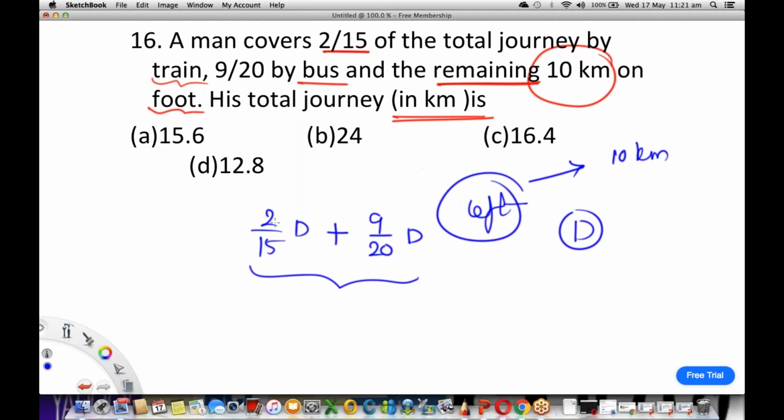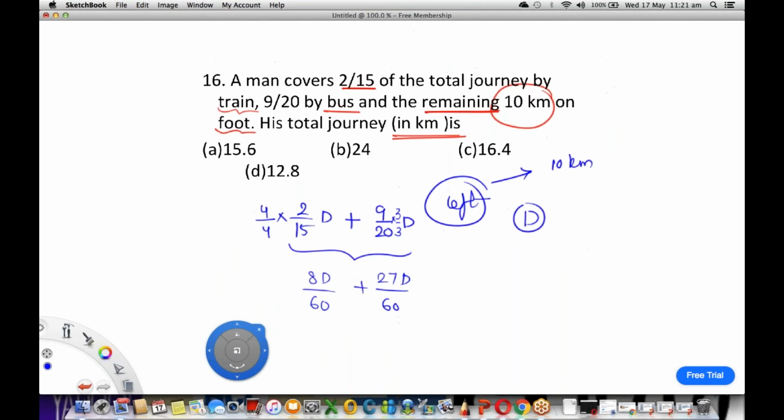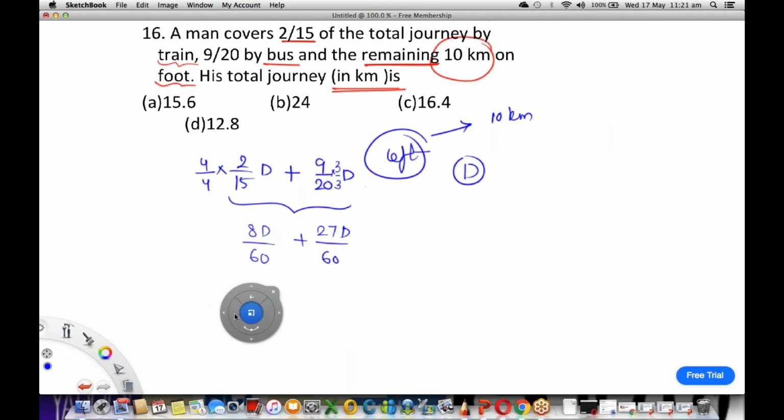What's the simplification? I'm multiplying and dividing with 4 and 4 here, and with 3 and 3 there, so that my denominators will be 60. So 8d by 60 plus 27d by 60, that is nothing but 35d by 60. So 35d by 60 is over. What is left now?